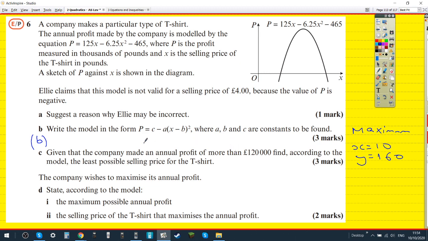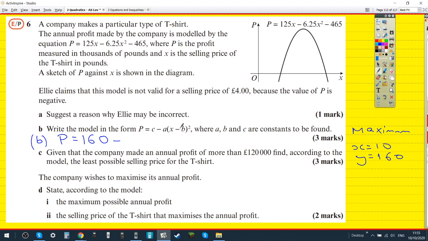And so, question B. Let me check. So would y be c? So it'd be 160 minus. Mm-hmm. Minus just. Wait, would a be?